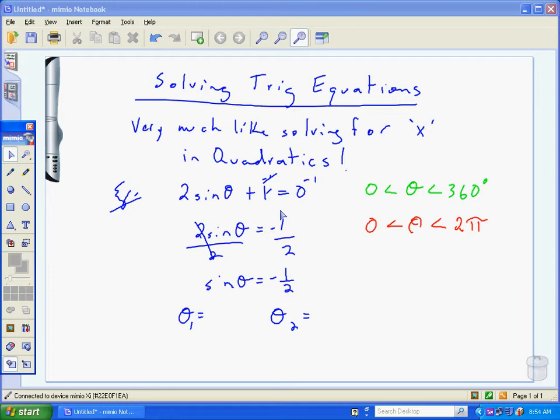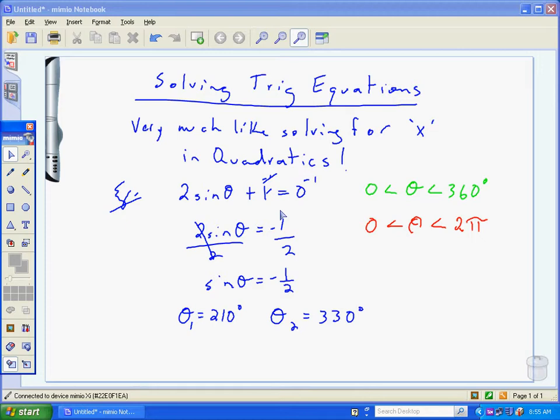And what else? 330? Perfect. There's our answer. Okay? Is that right, Sarah? Look at negative 1/2. So that's going to be in the bottom part of your unit circle. Okay? Is it all good?